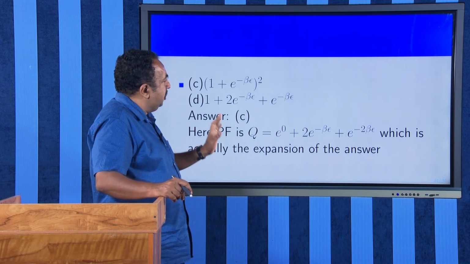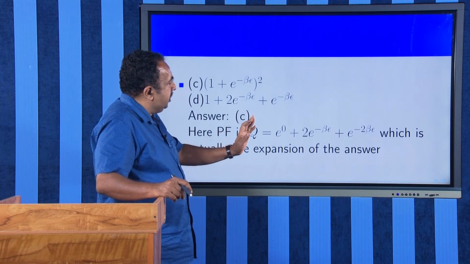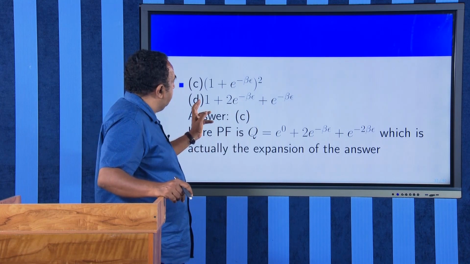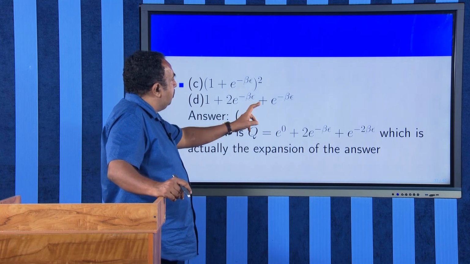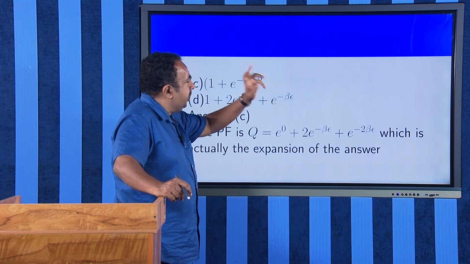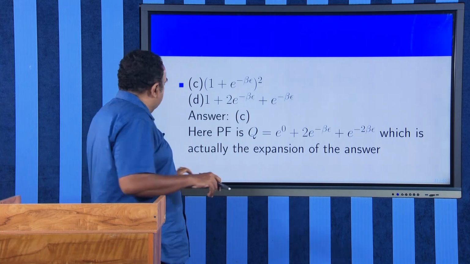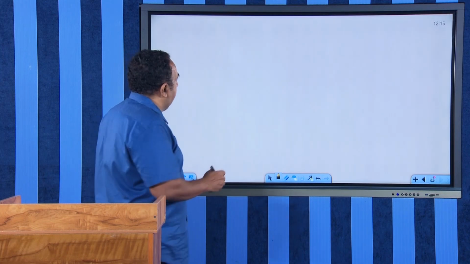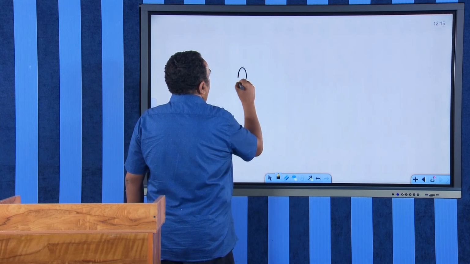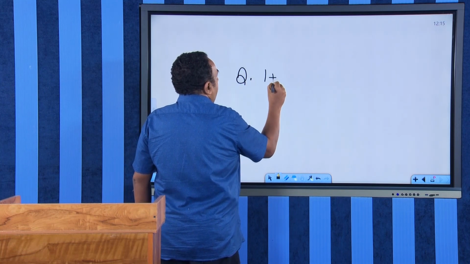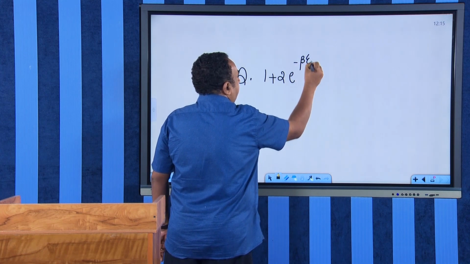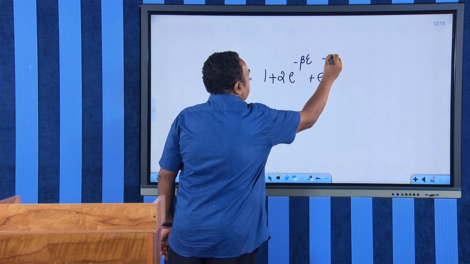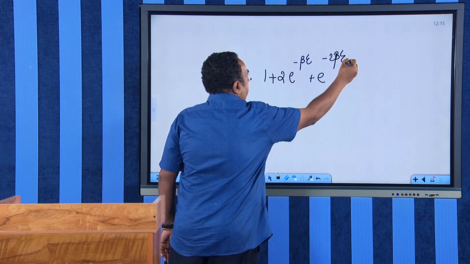Therefore, what you have now is Q equal to 1 plus 2 e raised to minus beta epsilon plus e raised to minus 2 beta epsilon.